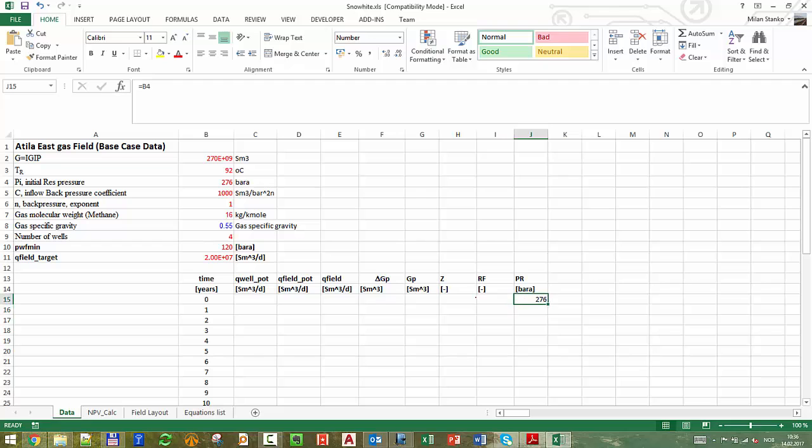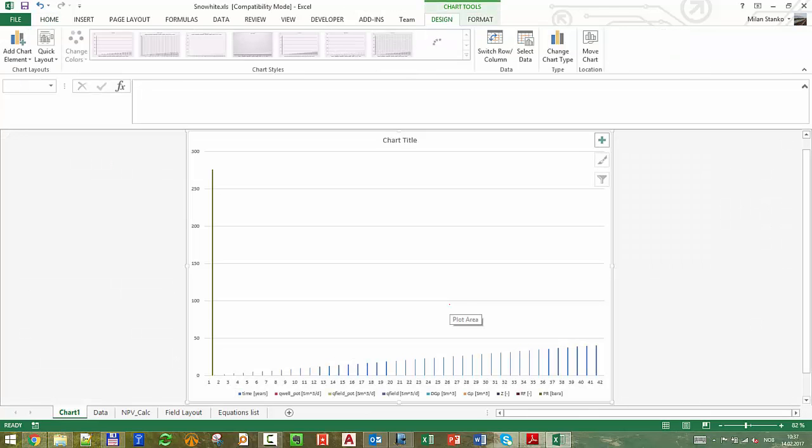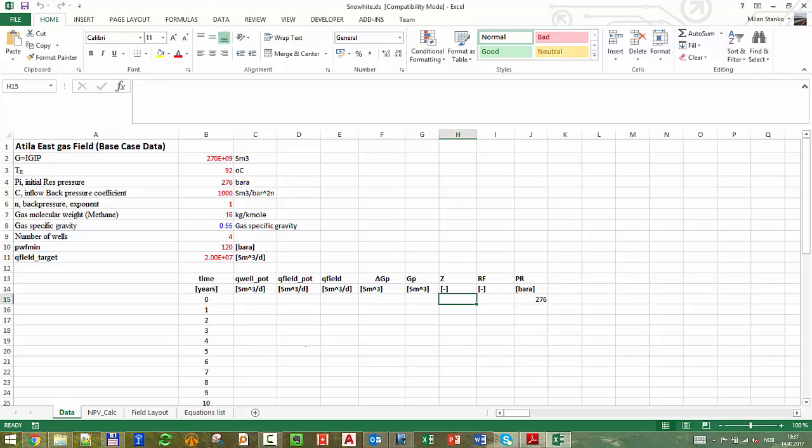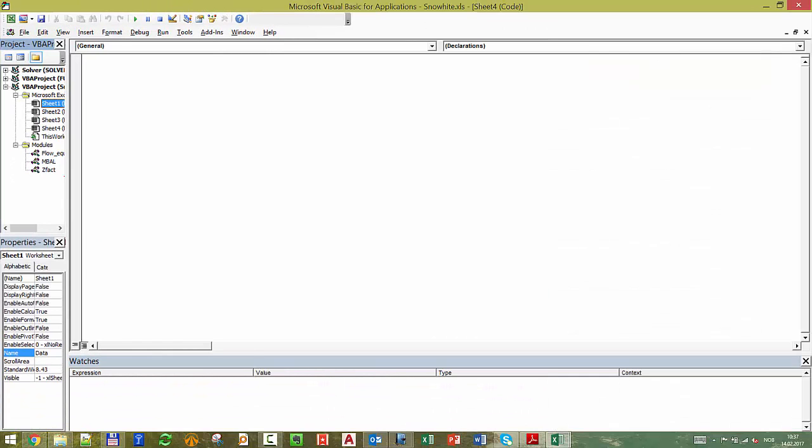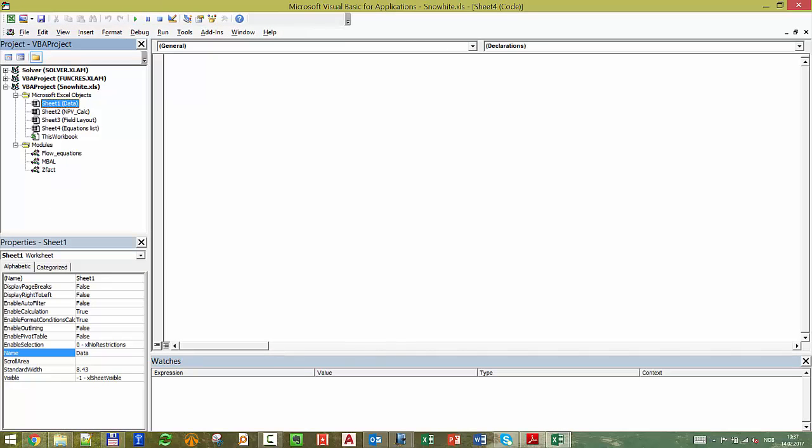Then with reservoir pressure, I can calculate the initial compressibility factor, and for that we go to our BBA module. If you see on the modules, you have one module called C factor, Z factor.